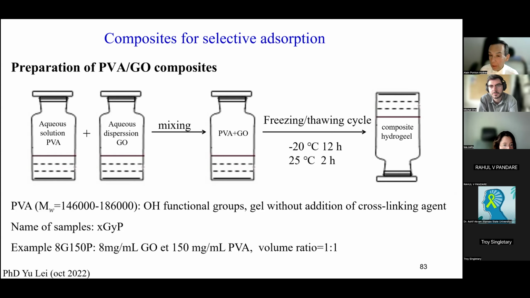And why? Because the thermal cycling induces the formation of local crystal junctions. And this local crystallization is at the origin of the three-dimensional formation of the network.